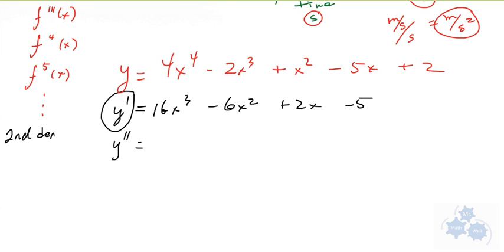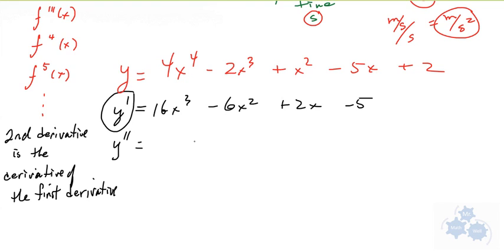Second derivative is the derivative of the first derivative. Okay? So that's what the second derivative is. It's the derivative of the first derivative. Now, the third derivative, let's just change that to third derivative.